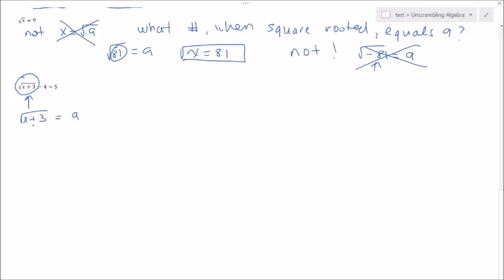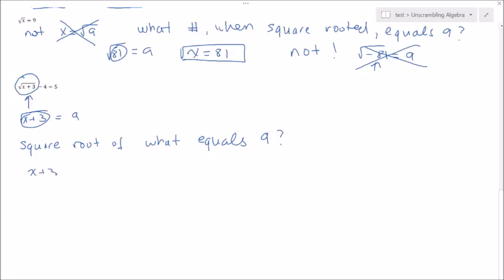Okay. Then we can say, okay, well then what does x plus 3 have to equal? In other words, the square root of what equals 9? And again, from the previous problem, we know that that's 81.